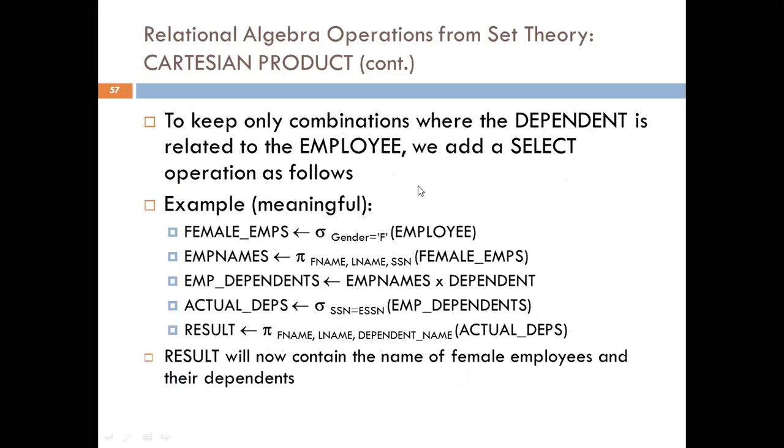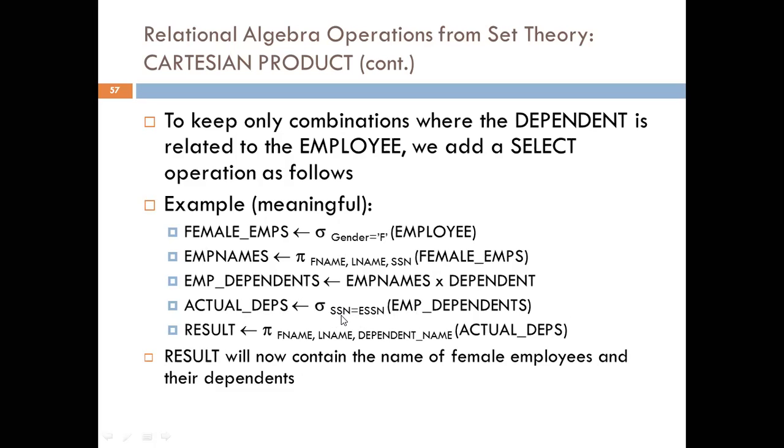So let us see those examples. To keep only combinations where the dependent is related to the employee, we have a select condition. First we extract the employees who are female, then we extract their names, then we perform the cross product operation. Once we perform the cross product operation, we apply one condition on it, that is SSN is equal to ESSN.